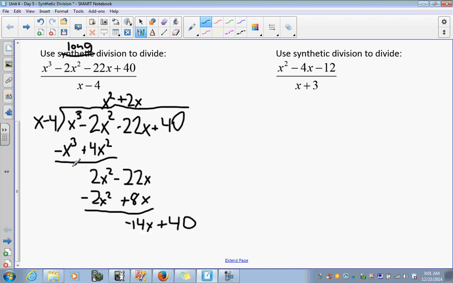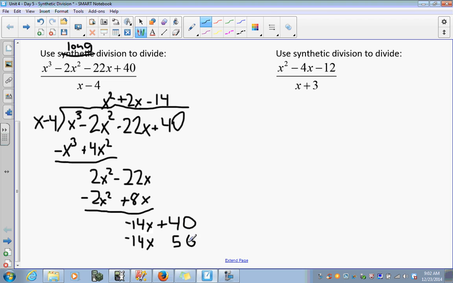Now, what do I need to multiply x by to get a negative 14x? Well, wouldn't I just multiply by a negative 14? Negative 14 times x will give me a negative 14x. And then negative 14 times negative 4 is a positive 56.